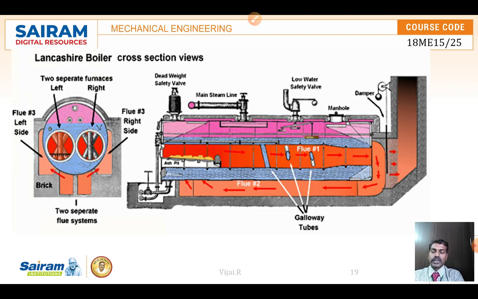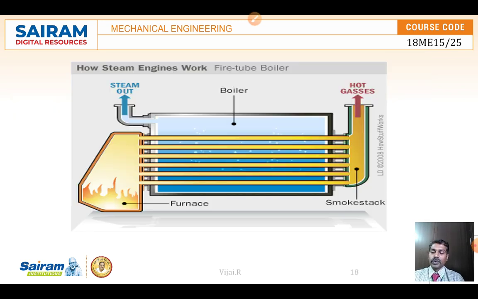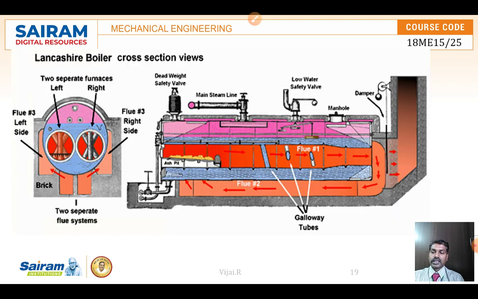In this case we can see the construction of the Lancashire boiler. It has a horizontal drum, located along the horizontal axis, and it contains the area where water is filled. The blue color shows the area fully filled with water, and at the bottom the drum is surrounded with some gap where the hot flue gases can pass.